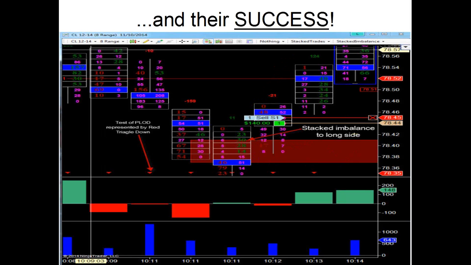So if you start to see very, very heavy, aggressive red numbers coming into a level, a low volume node, coming outside of a value area, whatever level that you have, start to anticipate that if you don't see the price action trade or continue in that same direction, look for a reversal.